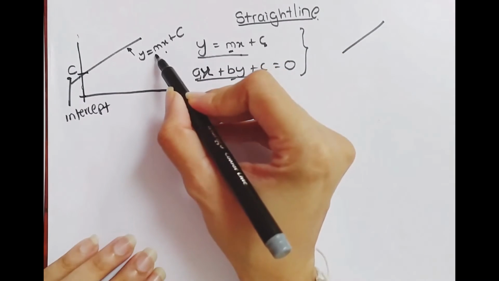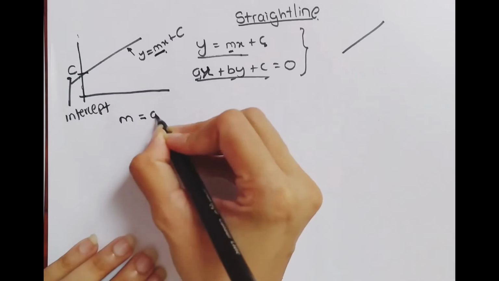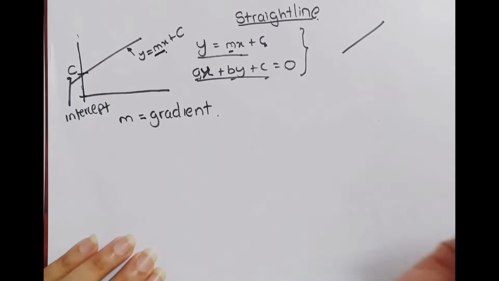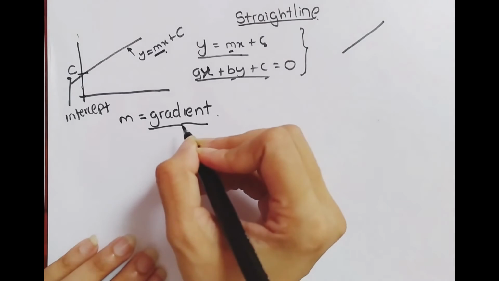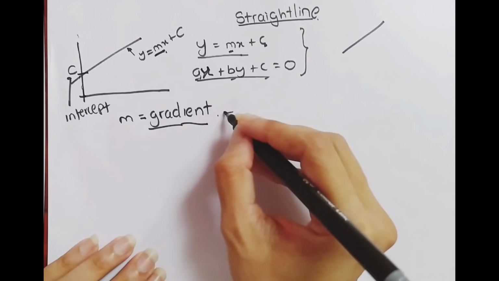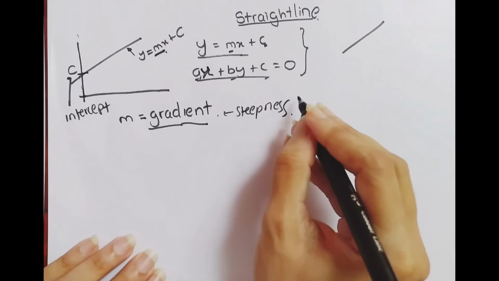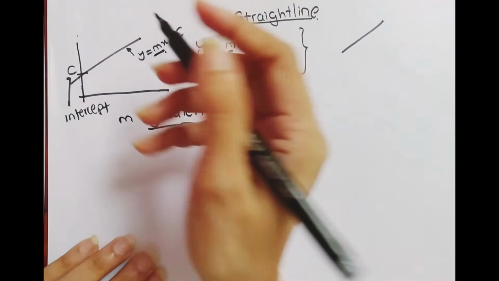Then what is this m? We say that m is the gradient. When you hear the word gradient, what do you know? Gradient is actually the steepness of the straight line. The measurement of the steepness is the gradient.